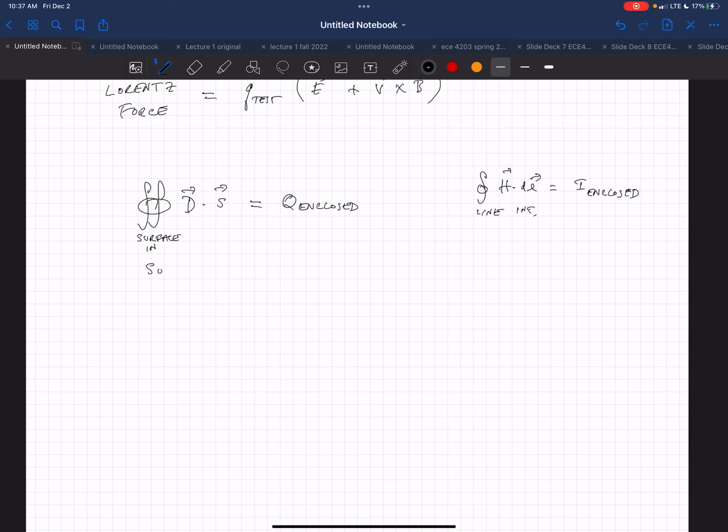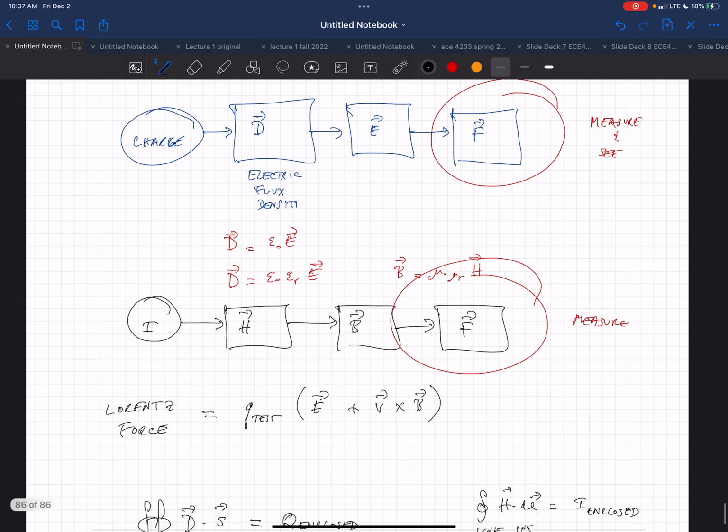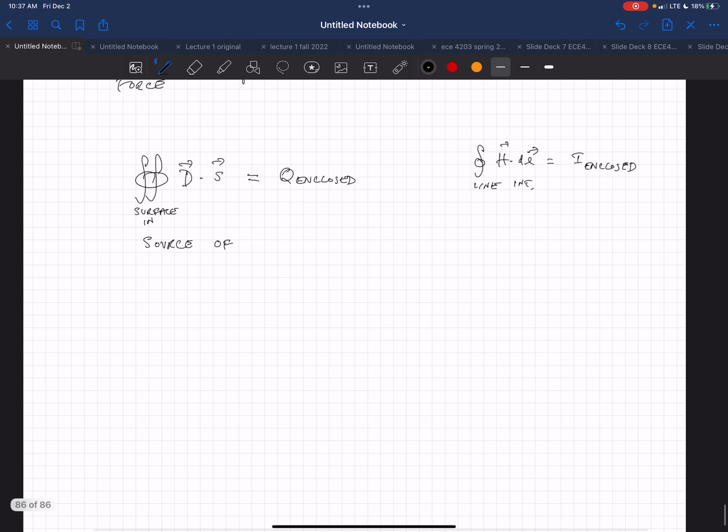This also tells you that the source of this D, which is the electric flux density, which means the source of the electric field, is charge or charge density.